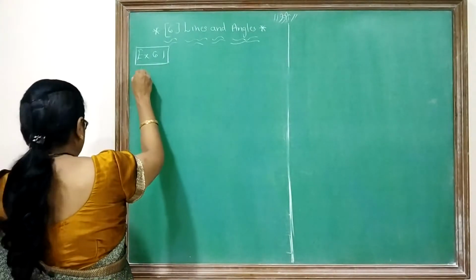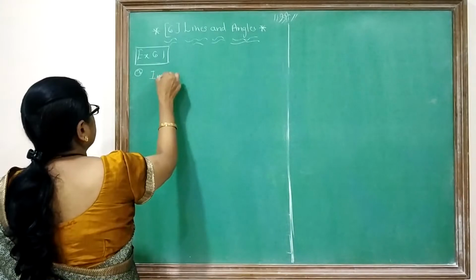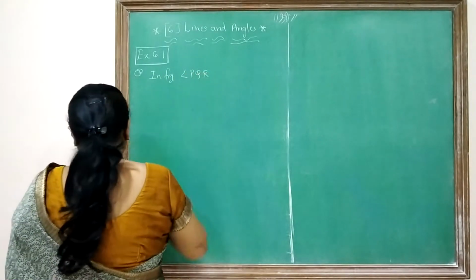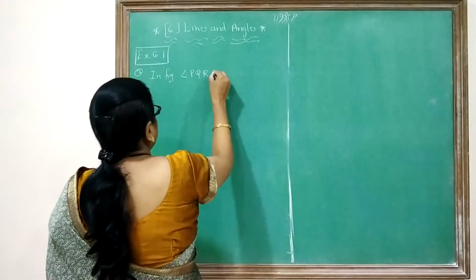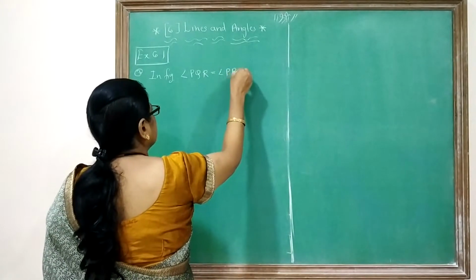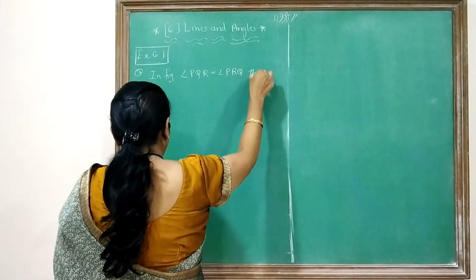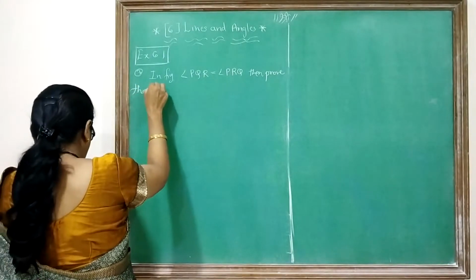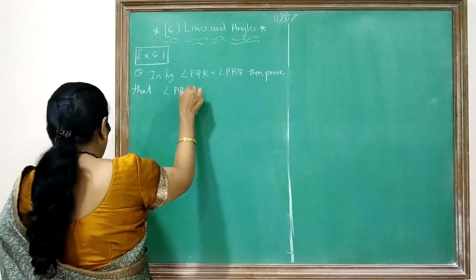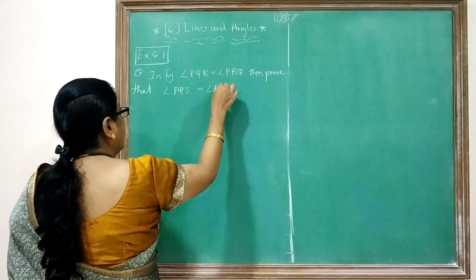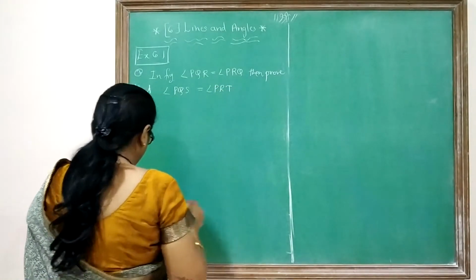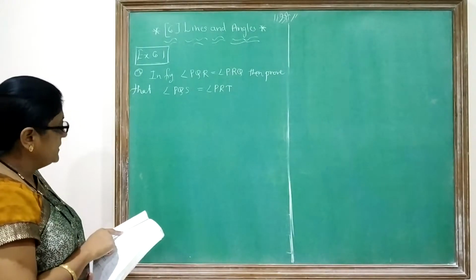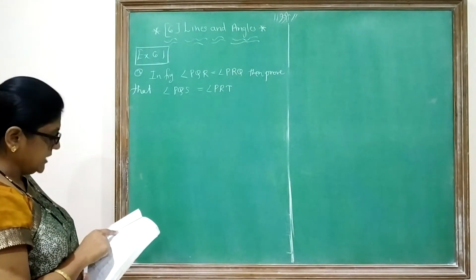Third question is, in the figure, angle PQR equal to angle PRQ. Then prove that angle PQS equal to angle PRT.